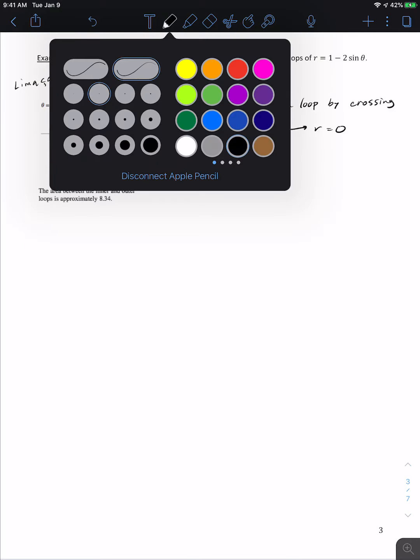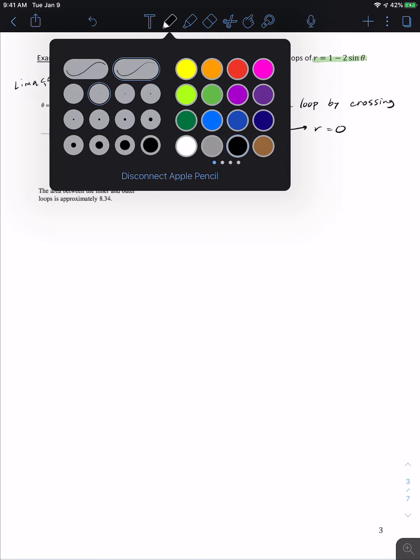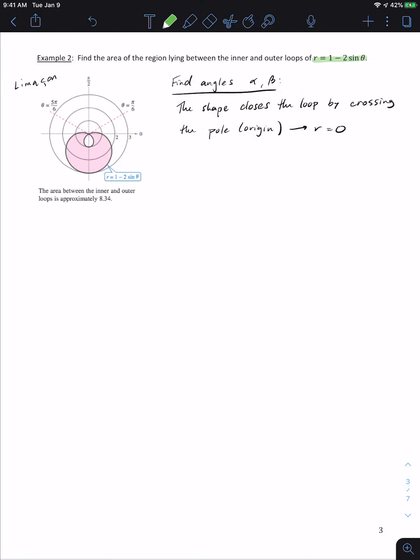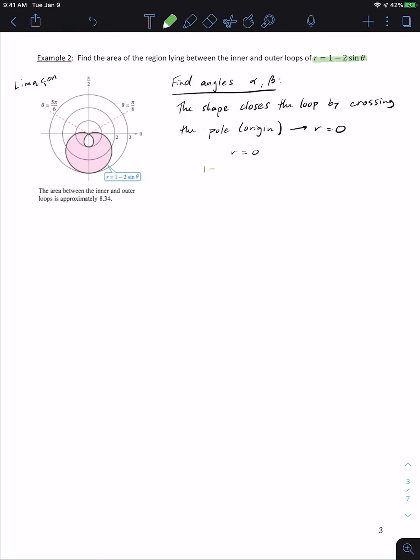So same thing as before here. This is what r is, and I have that equal to 0. So when I say r equals 0, well, what is r? r is 1 minus 2 sine of theta, and I'm setting that equal to 0 and solving for theta.